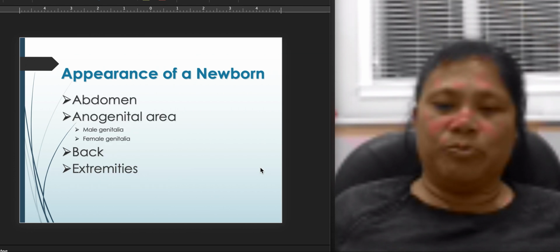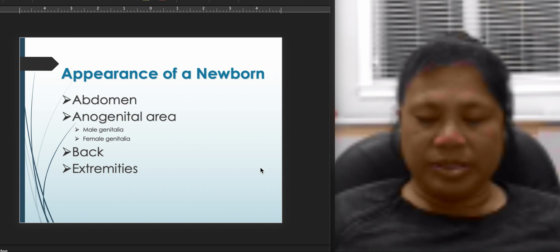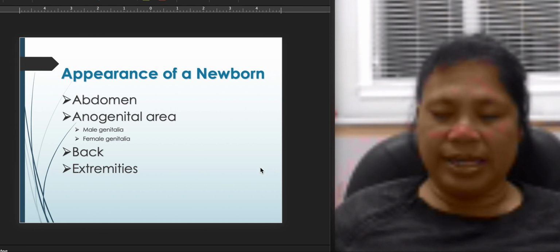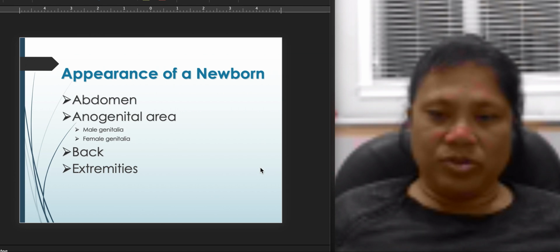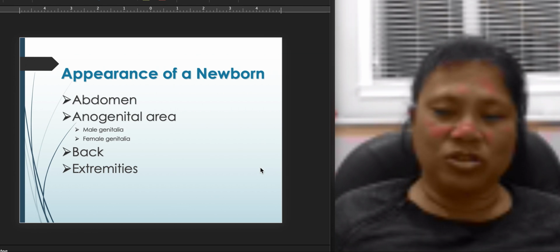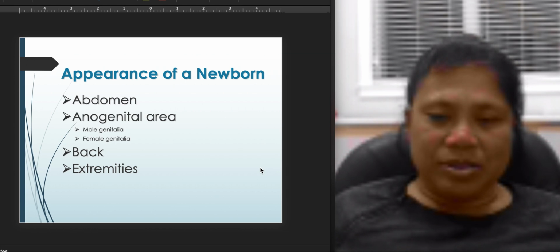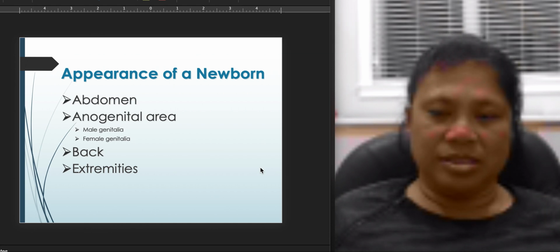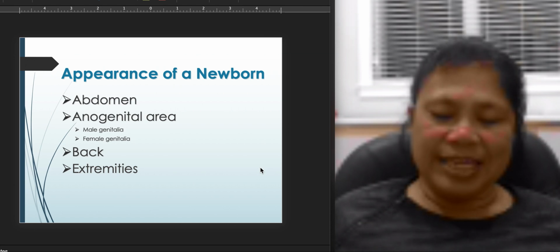Okay. So moving on to assessment of the abdomen, you want to make sure that they have bowel sounds, and then you want to note whether there's any distension or not. And usually by ultrasound, you want to make sure there's no abnormalities. For example, there's that incidence, and I forgot the official term, where the intestines are born on the outside, and unfortunately, I've seen that happen.